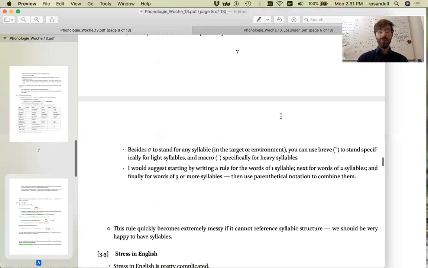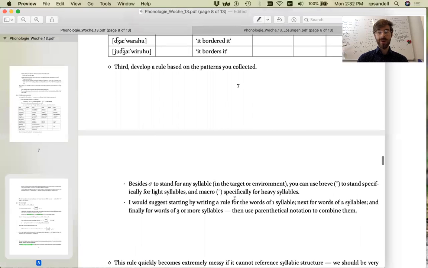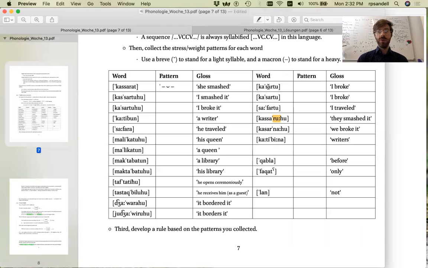Now we come to the conditions that are somewhat more complicated. So we'll want to assign primary stress to a penultimate syllable that is heavy, but not to a penultimate syllable which is light.